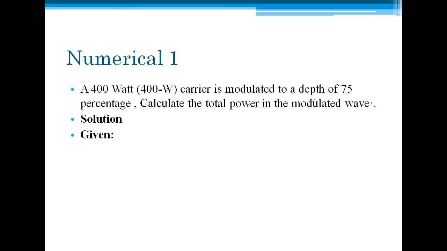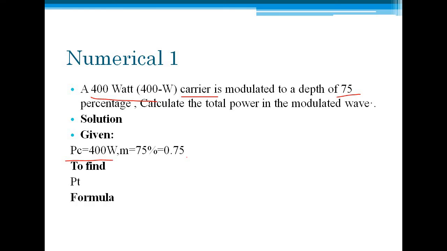The given parameters are PC equals 400 watt. Here they have directly mentioned the carrier is modulated, meaning this power belongs to the carrier only, to a depth of 75%. So the modulation index is 75%, that is 0.75, and they have asked us to find the total power in the modulated waveform. The formula to find PT is PT equals PC times 1 plus m square by 2.